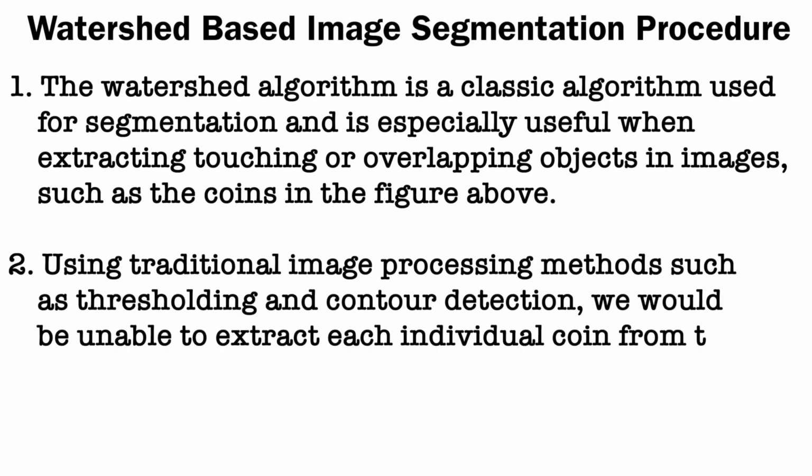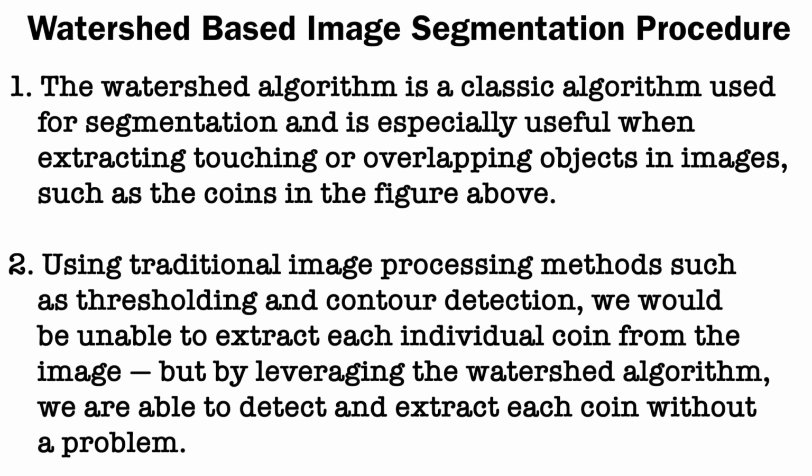Now, what is the procedure for doing this? The algorithm is a classic algorithm used for segmentation and is especially useful when extracting touching or overlapping objects in images, such as the coins in the figure above. We can see that the coins are overlapped.